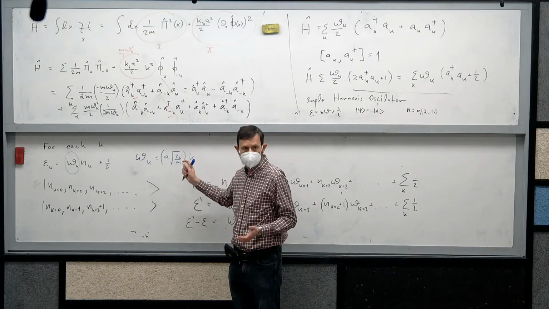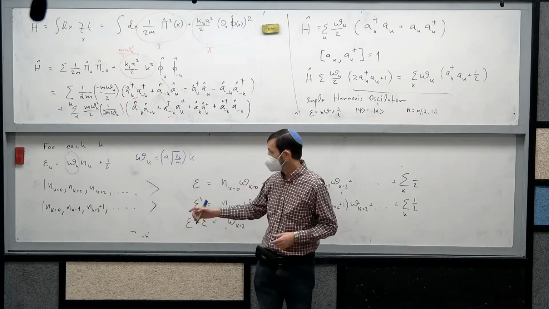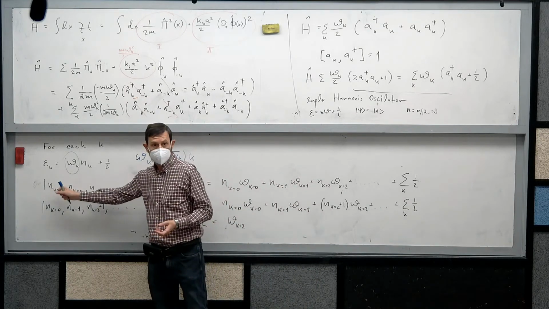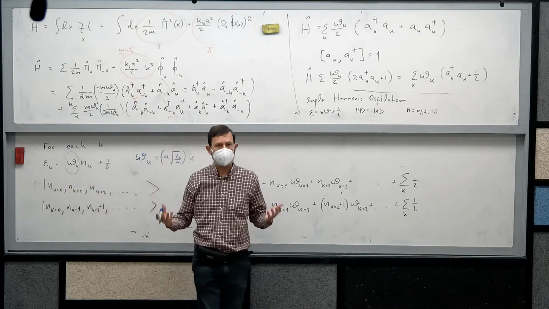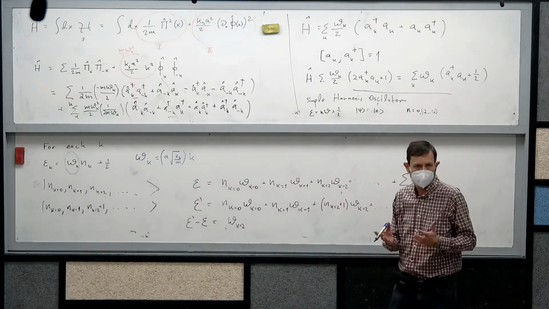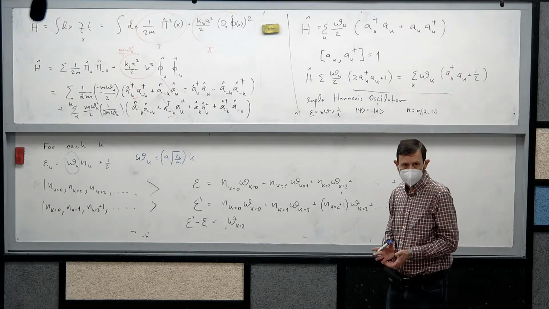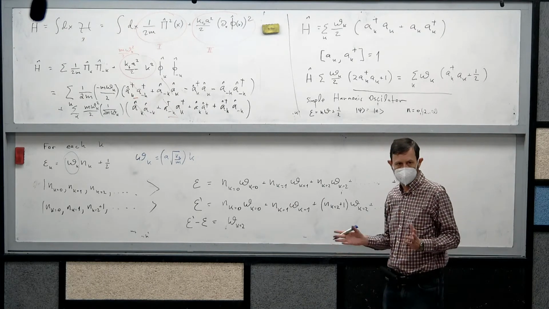Fine. We call it a boson. Why? Because I can have an infinite number of phonons at the same quantum number k. Unlike fermions.